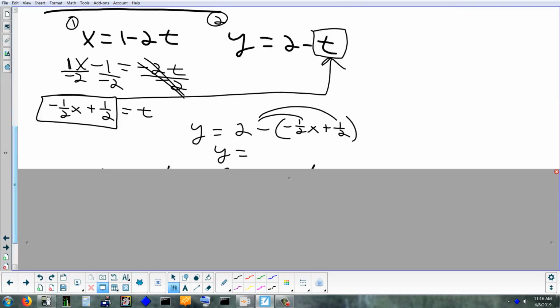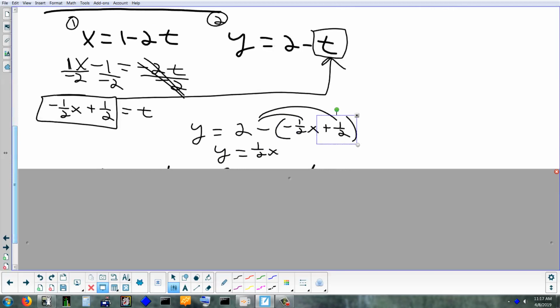So y equals, what's negative negative 1/2? 1/2 x. Now let's do this at the same time. We have 2 minus 1/2. What's 2 minus 1/2? 1 and a half.